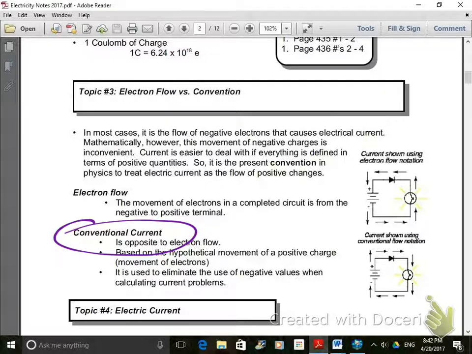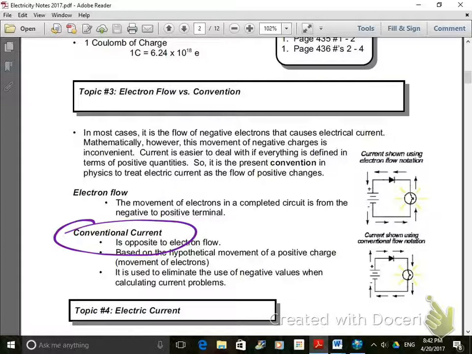So what you'll find is the reason they call it conventional is because that's the original thought. All our circuit diagrams are set up that way. All our math equations are set up that way to always get a positive result. The absolute number, if you decide to do analysis of the numbers going in electron flow, you're going to get exactly the same number. It's just that it's going to be a negative number.